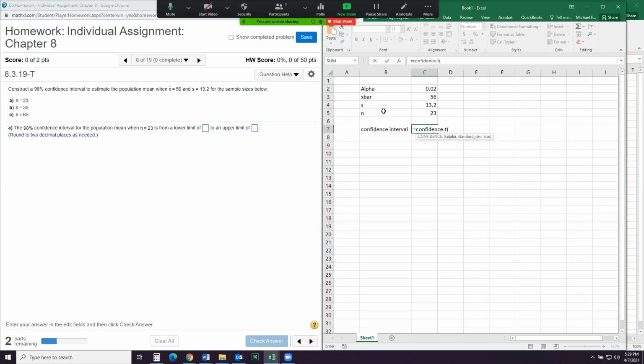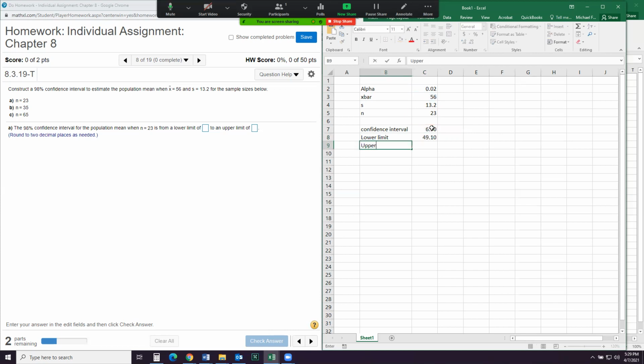So confidence dot t, alpha, comma standard deviation, which is our S, and size, which is N. This will give us the confidence interval. And then to find the lower limit, we will just take the mean X bar minus the confidence interval.